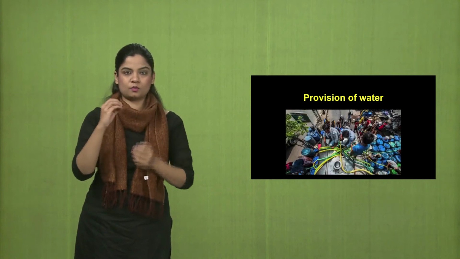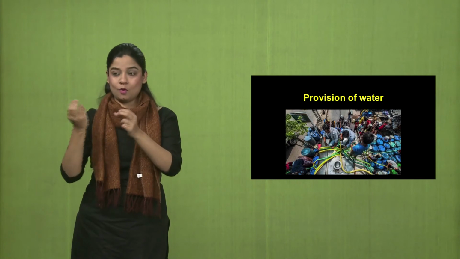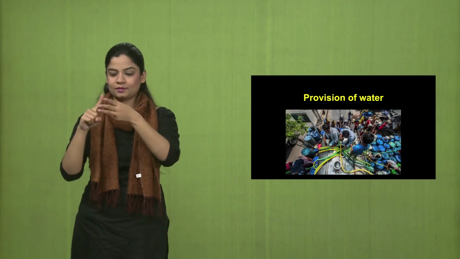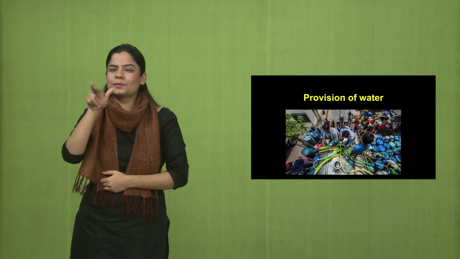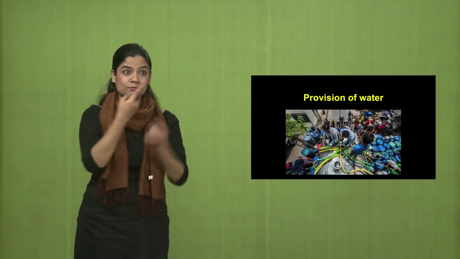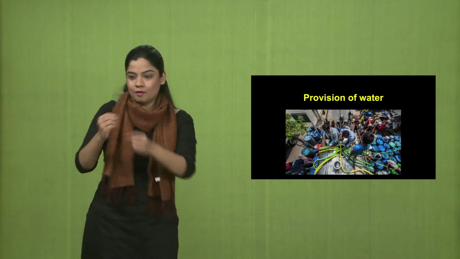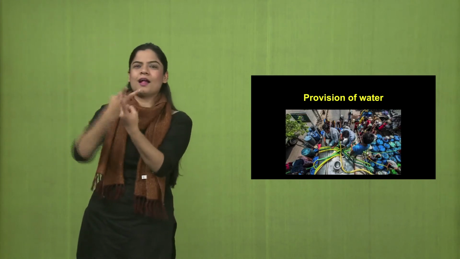Provision of water. That means that in a household, water may be coming from different sources. For example, in the bathroom there is shower, there is jet, there is flush, there is taps. Different places where water is stored is also provision of water.